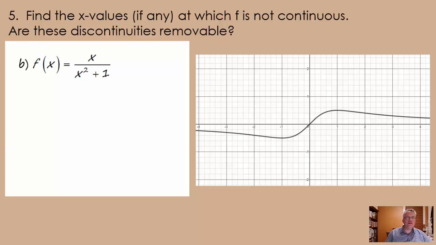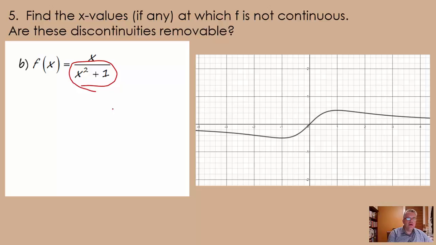Okay, what's next? All right, here's one. Same thing. It's a rational function. We can try to factor the denominator, but it turns out that it doesn't factor. X squared plus 1 is never 0. It's actually always positive. So this function has no problems at all. It's continuous everywhere. If you look at the graph, no holes, no vertical asymptotes, so there are no discontinuities.